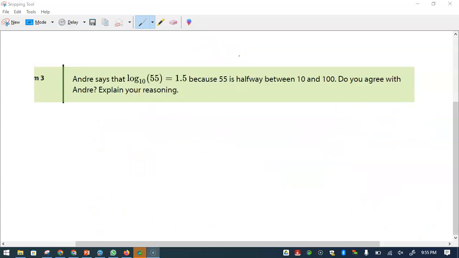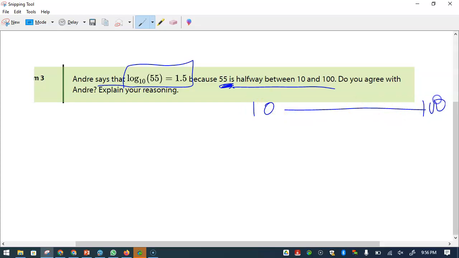Third question: Andrea says the logarithm of 55 to the base 10 is 1.5 because 55 is halfway between 10 and 100. So in between the total is 90, and 55 is in the middle.